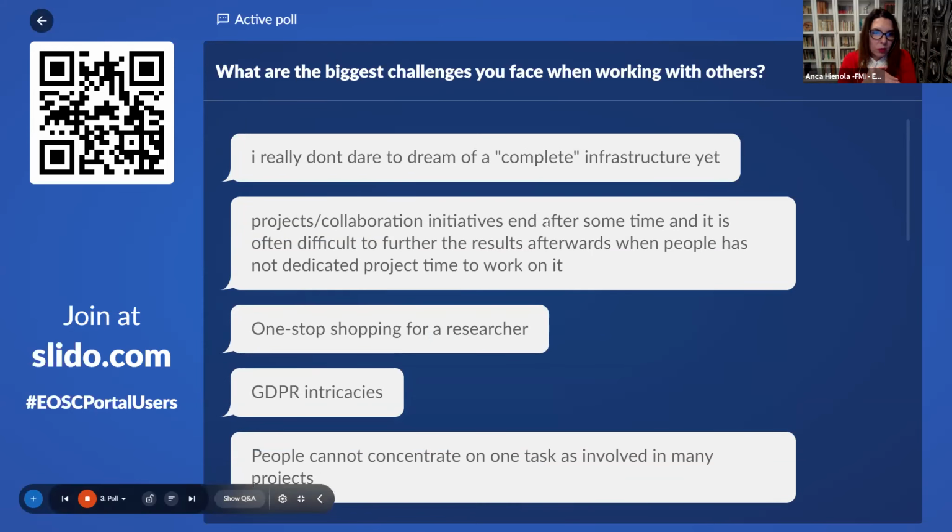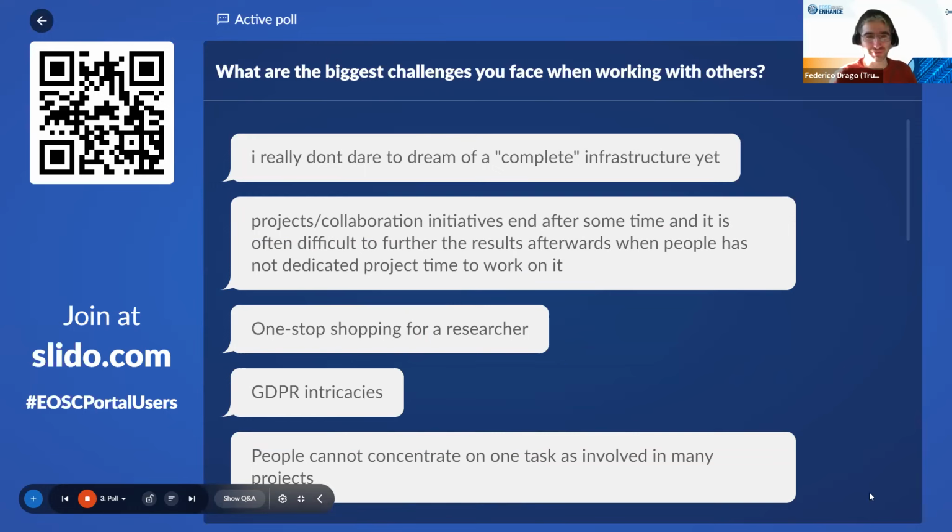That would be so helpful. At least in my field of work, this is a problem. There are people that don't dare to dream of a complete infrastructure yet. The time will come. Dare to dream. Yeah, so I'll move on to the next question.